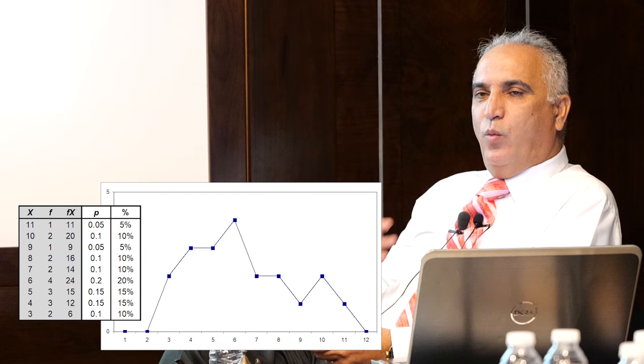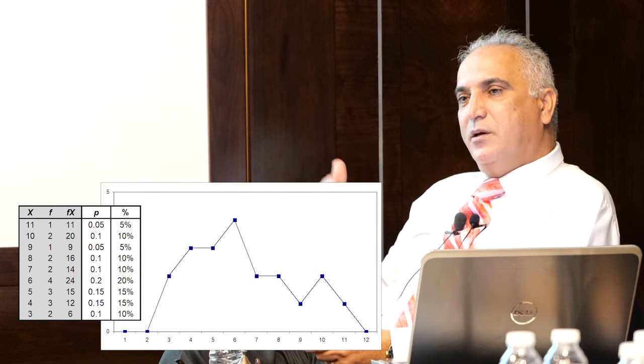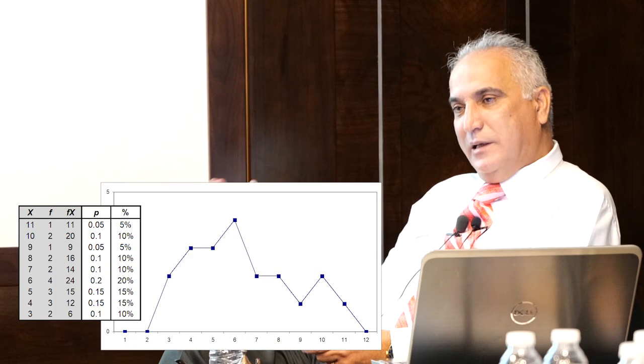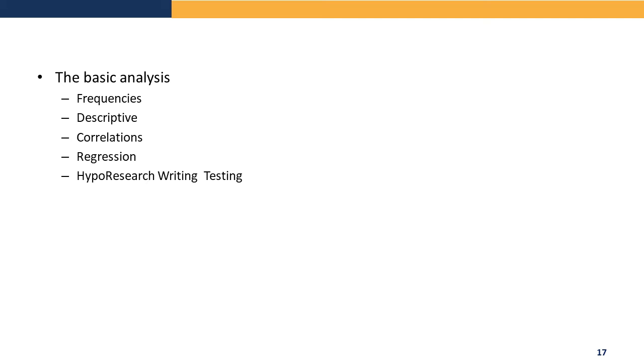So this is one way in the result. We say 80% of the participants remember 8 or fewer pictures. We do that basic analysis, I said: frequency, descriptive, correlation, regressions. You got it? And hypothesis testing.